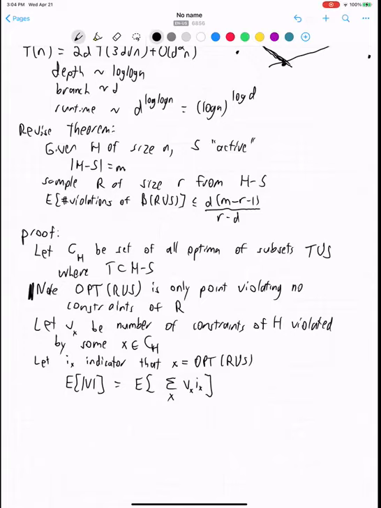So I'm now considering my experiment where I choose this random R, and I have an indicator variable for which optimum is actually produced in that recursive optimization. The expected value of the number of violators is just summing over all possible optima of the event that optimum is chosen times the number of things that optimum violates. Right, this is the most direct definition of an expectation. It's just summing over all the points in the sample space.